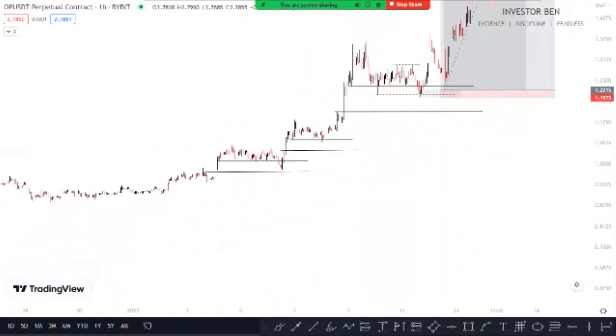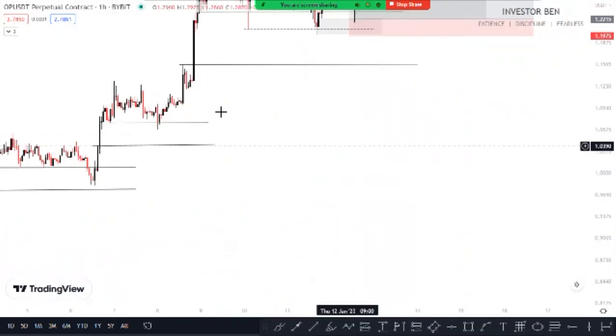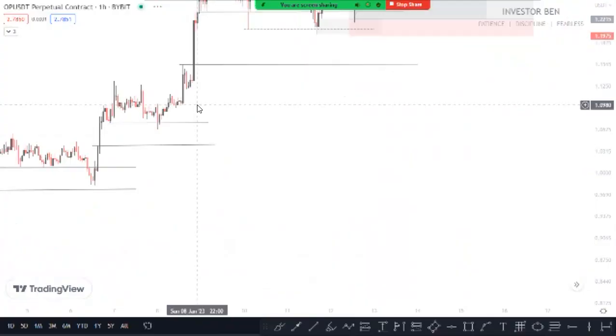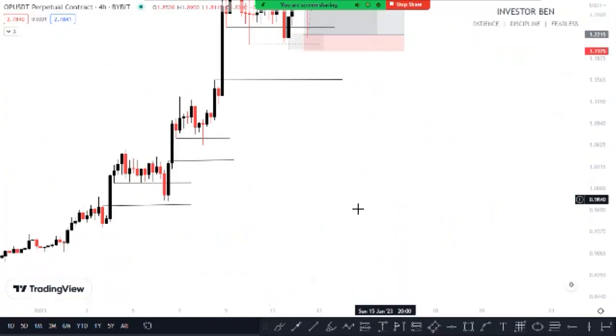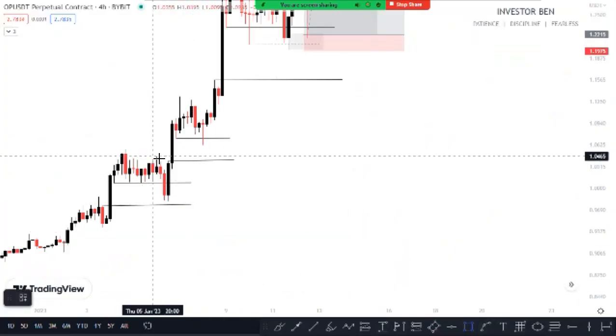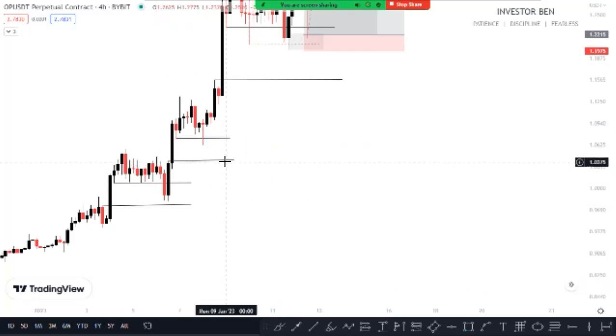Now, let's go back to the 4 hour time frame. In the 4 hour time frame, this is just a pure FVG mitigation. Recall, I'm using a line to mark FVG here. You can remove this line and just use a rectangle, but I like lines because they're neater for me.